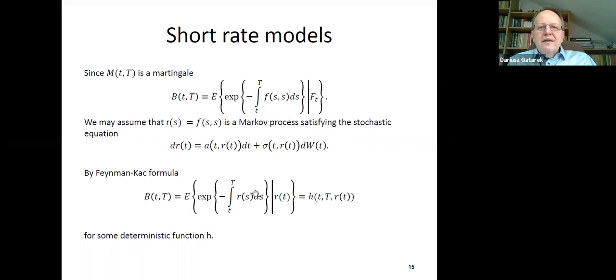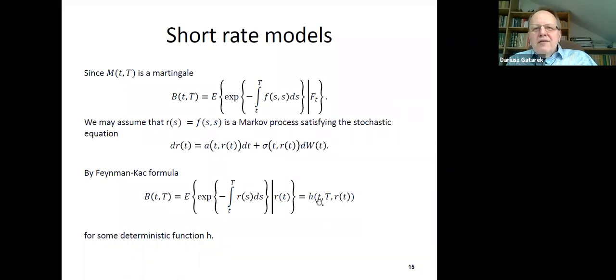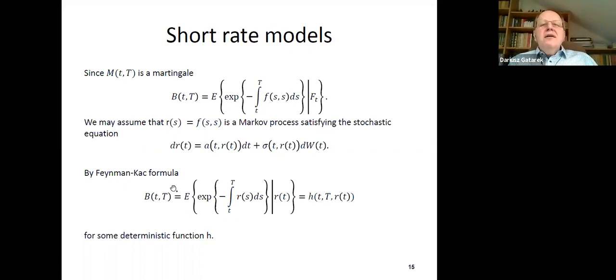there exists a deterministic function, we don't know the form of this function, which is a function of current t, capital T, and the short rate, so that the forward bond price is just a deterministic function of the short rate.